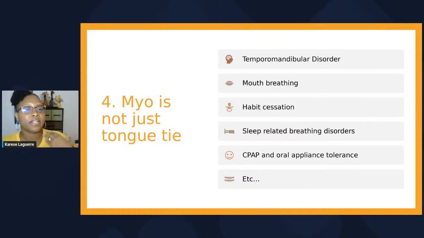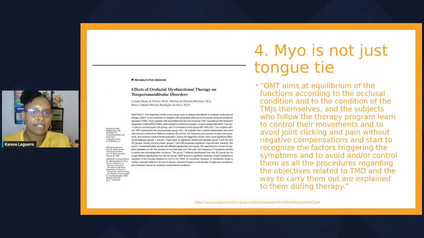Sleep-related breathing disorders, CPAP, and oral appliance tolerance, and the list goes on and on and on. You heard me talk about perio and gut health and digestive issues and so forth. There's so many things that we're able to help with. So it's not just limited to tongue tie. Don't think that the only people you can send to a myofunctional therapist are those that have tongue ties.